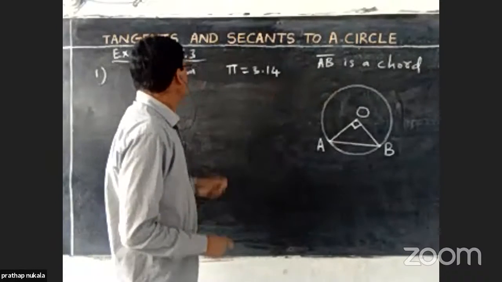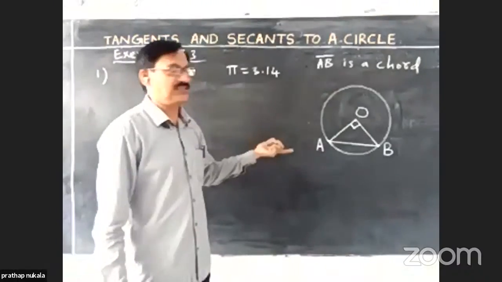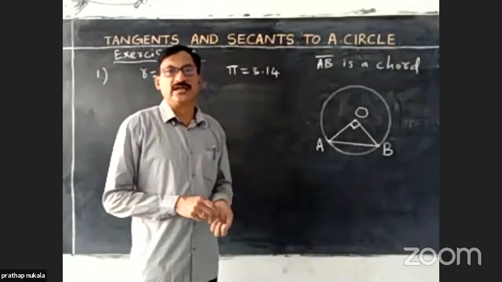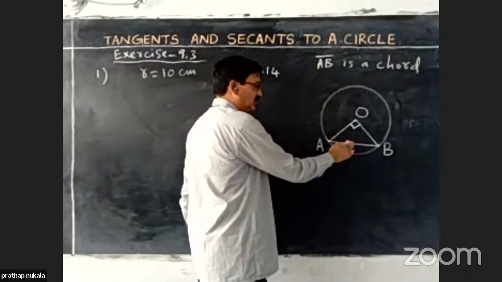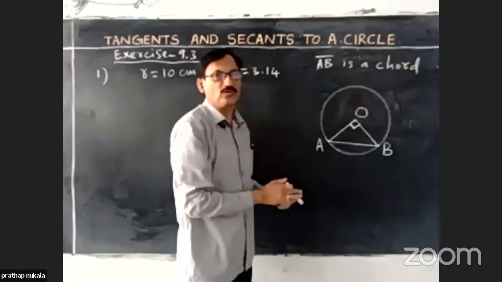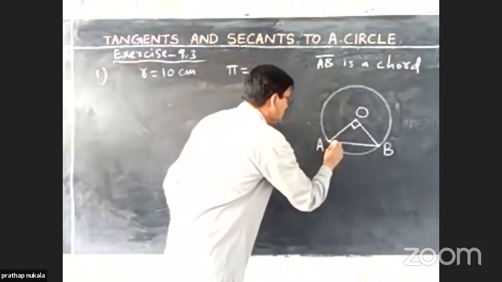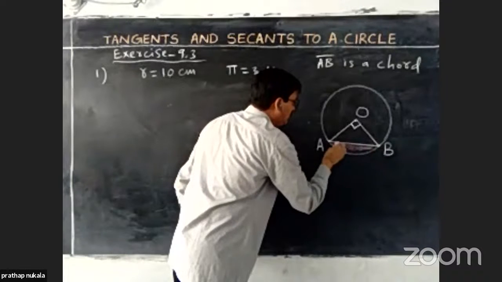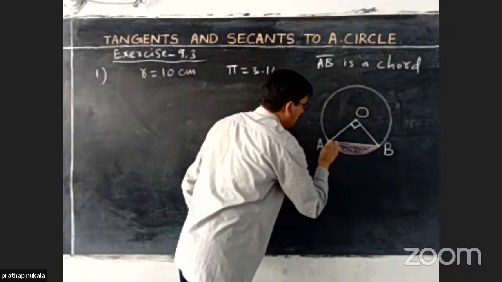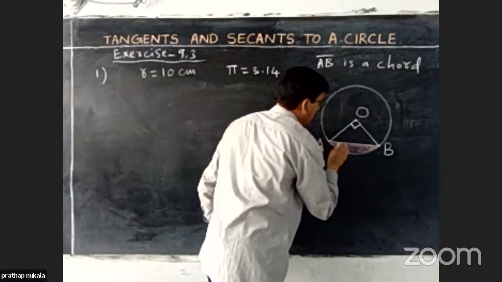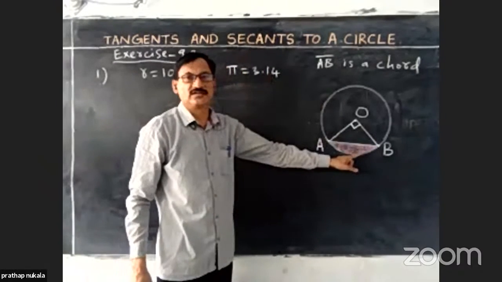Now, segments means parts of the circle. We have to find the area of the minor segment and the area of the major segment. This chord divides the circle into two parts or two segments. One is this portion or region, the lower portion.